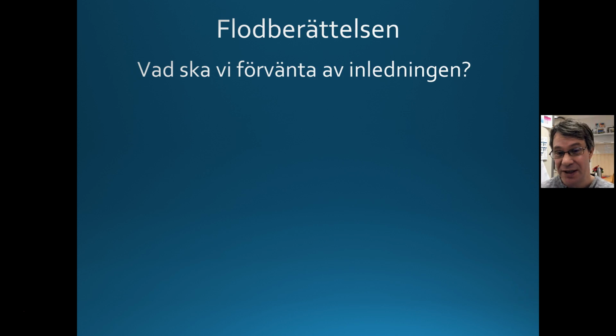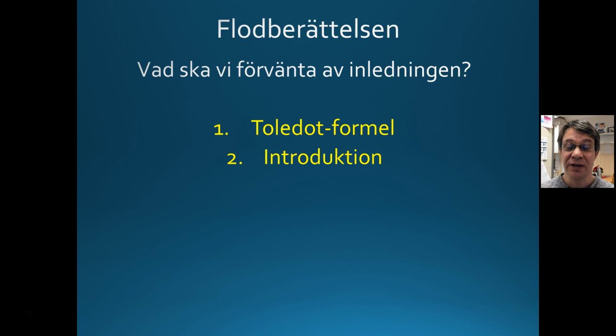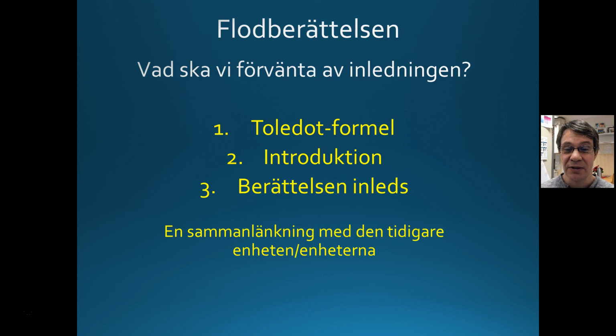When we know what we should expect, and that is, first, we should expect to find a Toledot formula. This is the way the text in the primeval history, in the first book of Moses, Genesis, is structured. After the Toledot formula, you should find an introduction, which doesn't use the Vayikdol, the narrative form. After that, the story starts with the Vayikdol.